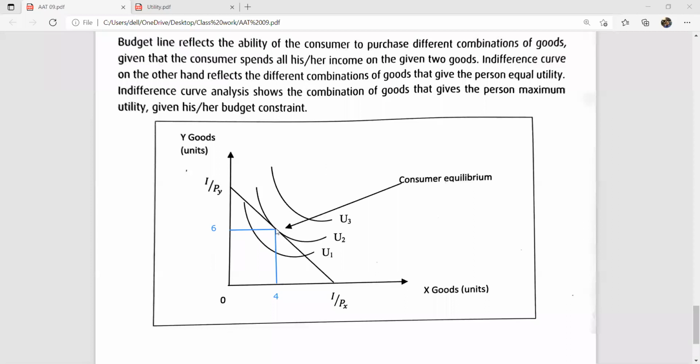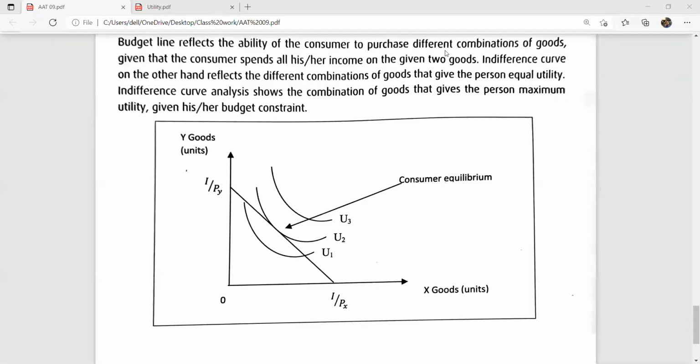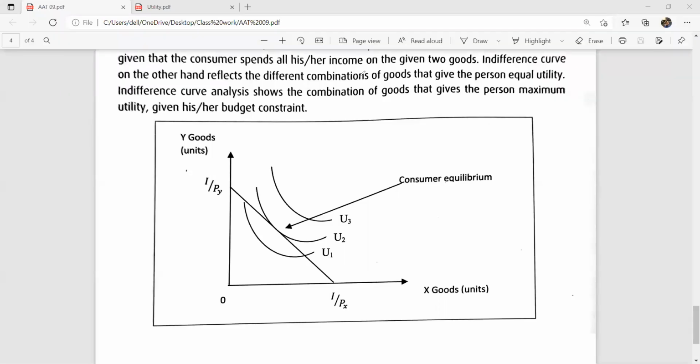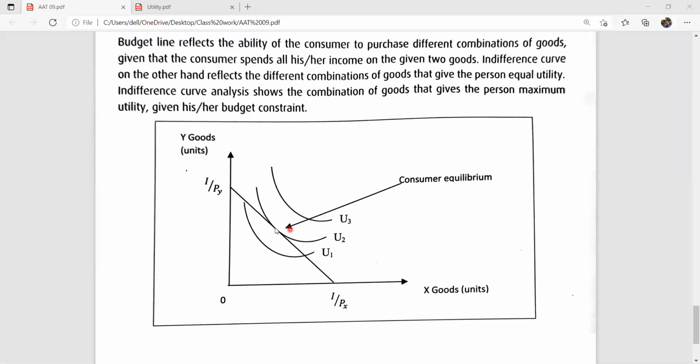So equilibrium occurs at this location. So consumer equilibrium is over there. Whenever the budget line and the indifference curve intersect, it is consumer equilibrium.